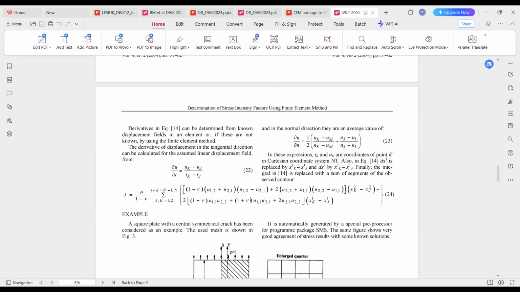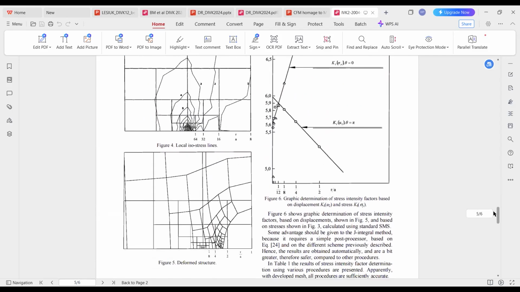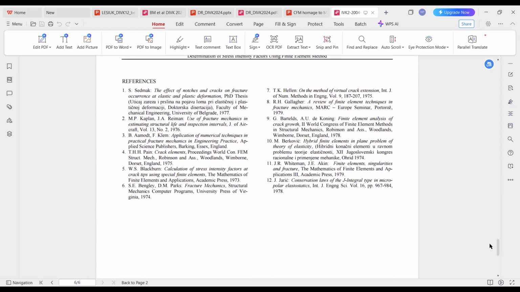By seeing these two equations, that was the first time I understood how the finite element method actually works. So this paper is of utmost importance for my own career. Well, probably we can stop here.